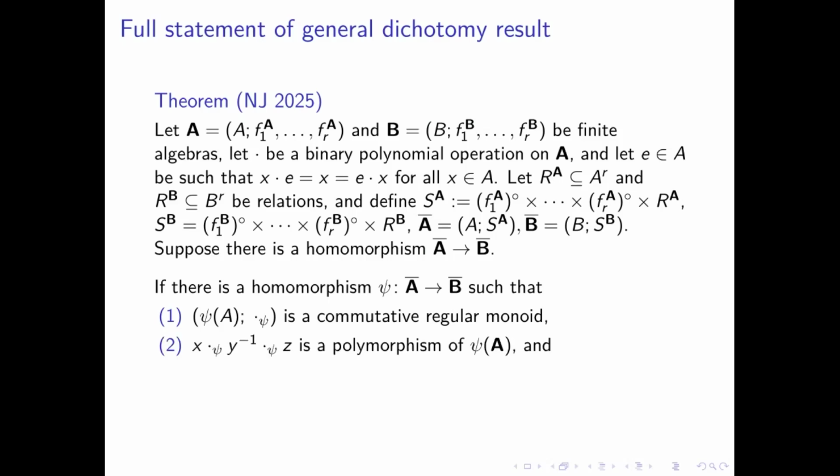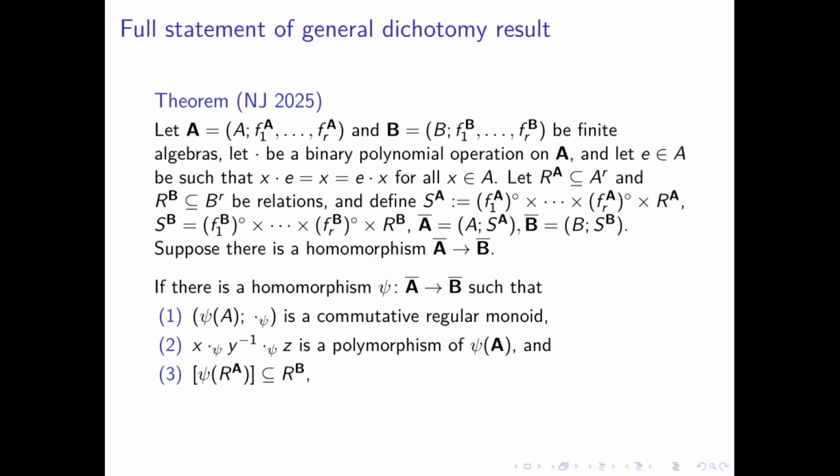The next condition is that this operation x, y inverse z, but now with the induced polynomial operation being the multiplication, so this t from the previous slide, is a polymorphism of the algebra psi of A. So this operation, x, y inverse z, plays nice with all the operations F1 through FR here in psi of A. And then the last condition is that this operation has to play nice with the additional relation that we've expanded A and B with.